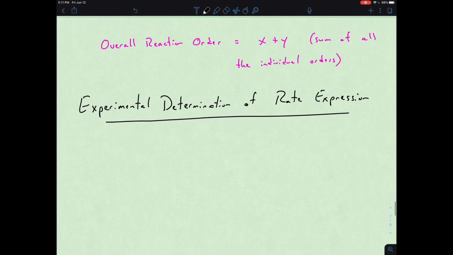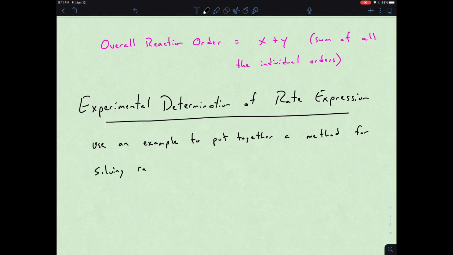We're going to use an example to put together a method for solving rate expressions from actual data.